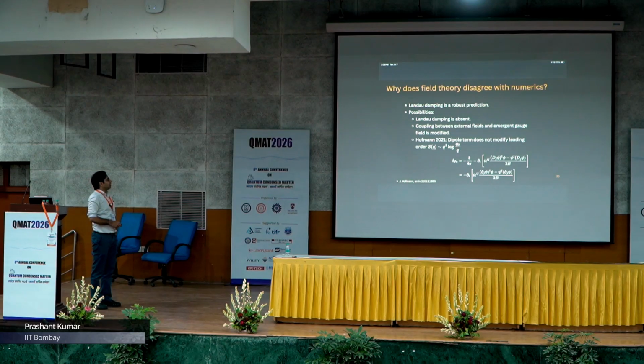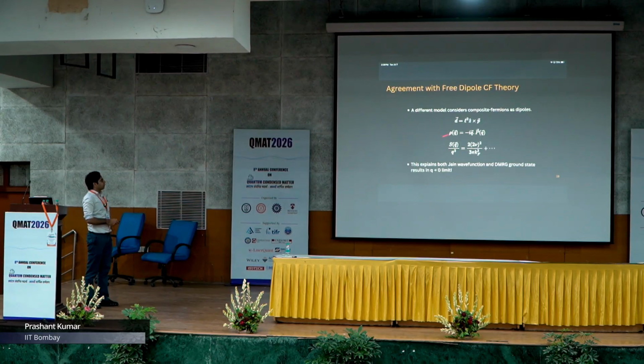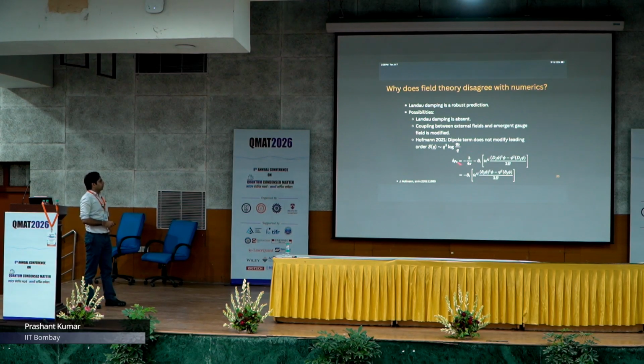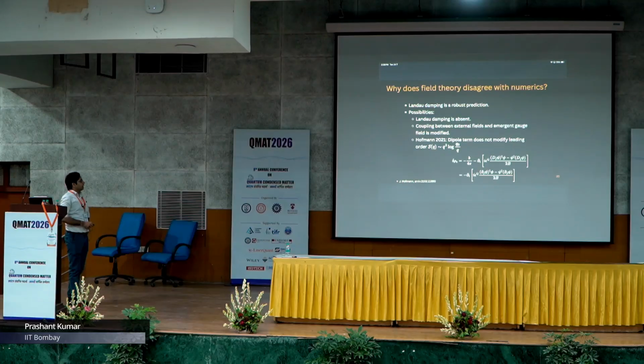So I was thinking about this, and there are indeed some subtle things that happen with this dipole term, but Haldane, in 2021, has shown that in fact that does not matter. When you add this dipole term to the field theory, you get two contributions to the electron density. One comes from the emergent magnetic field, the other one comes from the dipole of composite fermions. Because the density of composite fermions is proportional to the externally applied magnetic field, some cancellation happens between this term and the gauge field dependent part of this dipole term.